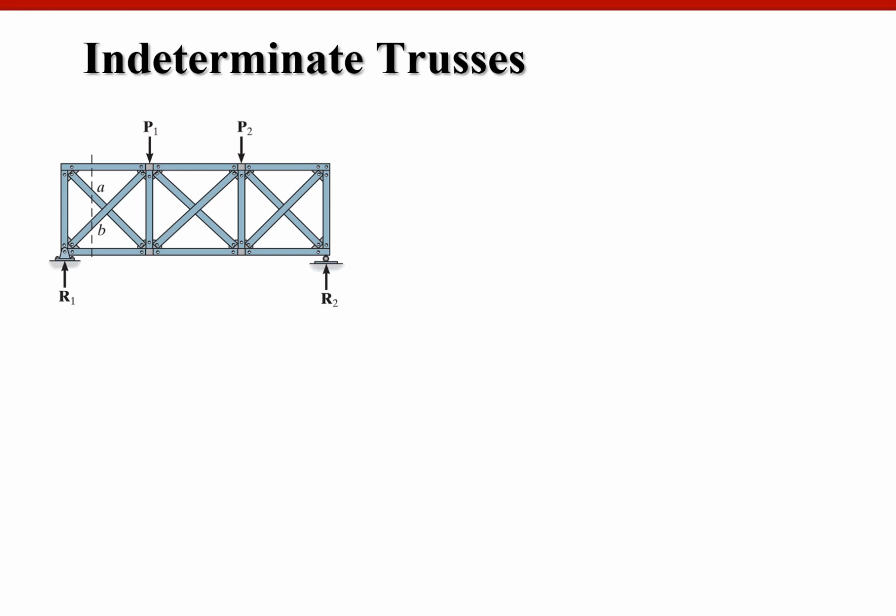Anyway, okay, we have indeterminate truss here, and how can we find the member forces? It's a very difficult story, but in this chapter, we are going to assume approximate relationship between member forces. So we will find it very, very easily. Okay, take a look at it.